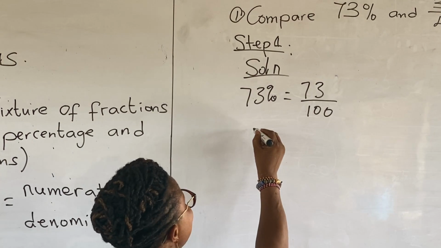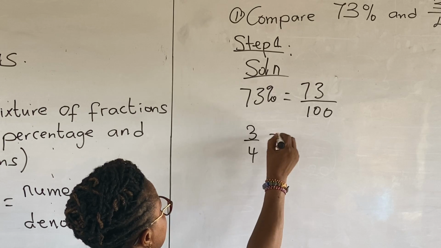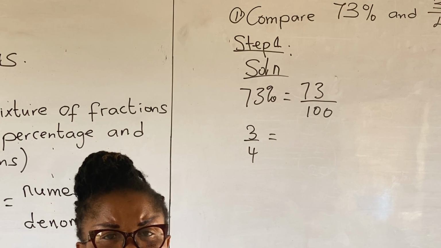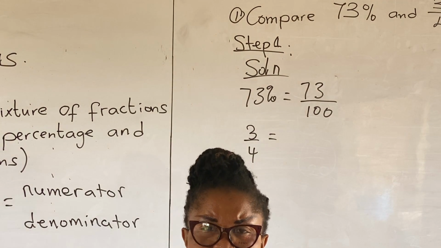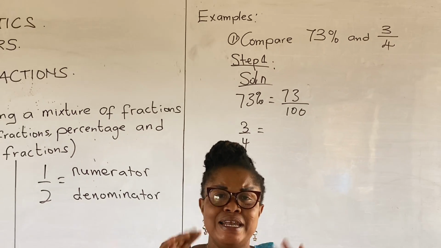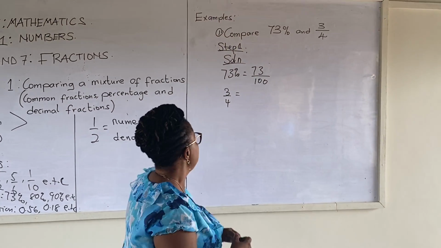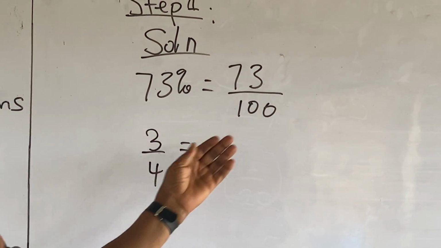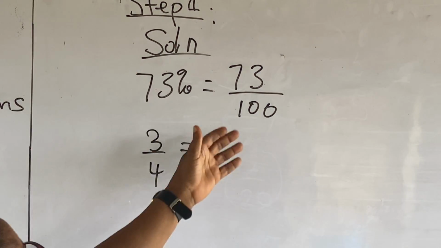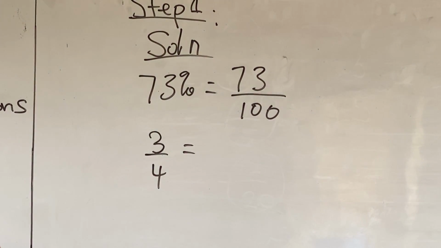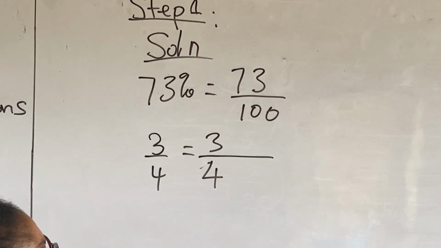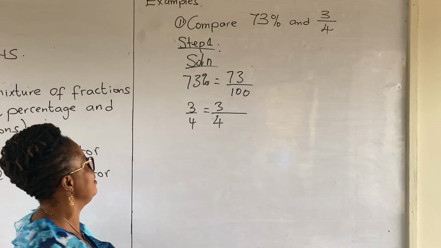Now, the next common fraction here is 3/4. It is a common fraction already, but before you can compare two common fractions, the denominator has to be the same so that you can compare the two numerators. So you have to change 4 to 100. Repeat your 3/4 at the back.